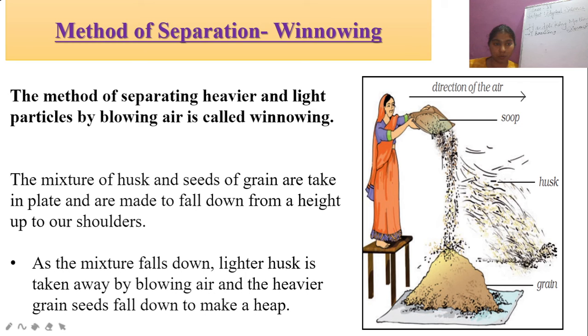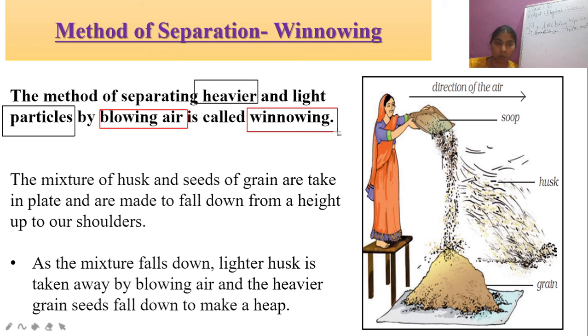You have to make sure what kind of particles are there, heavy particles and lighter particles. You can separate the heavier or lighter ones this way by blowing the air. So air is required for this process, and this is called winnowing.